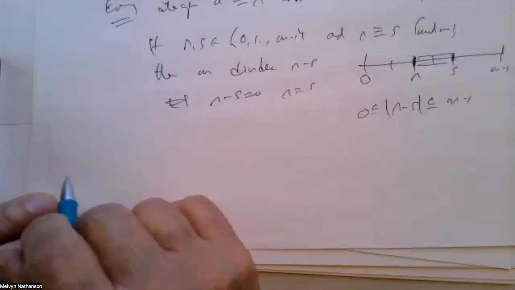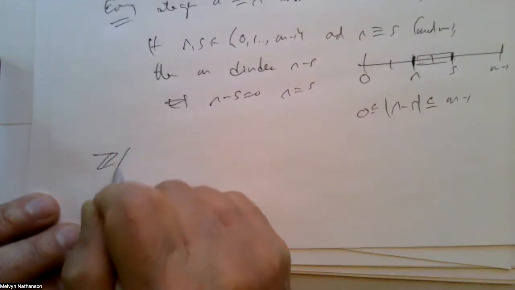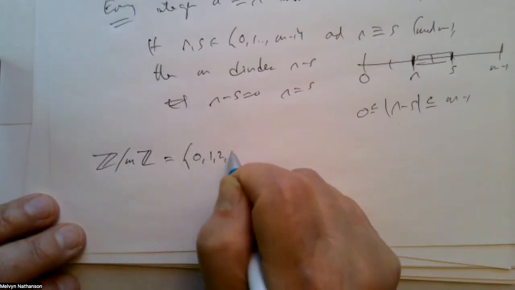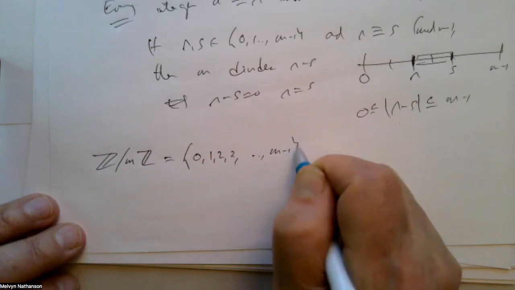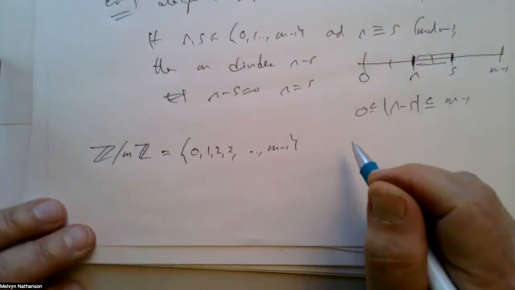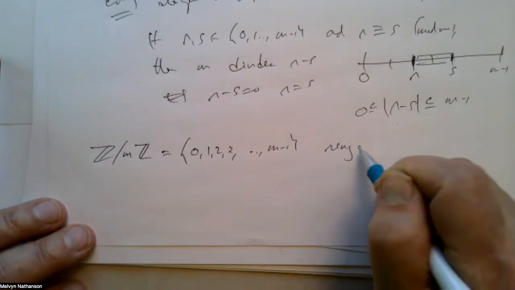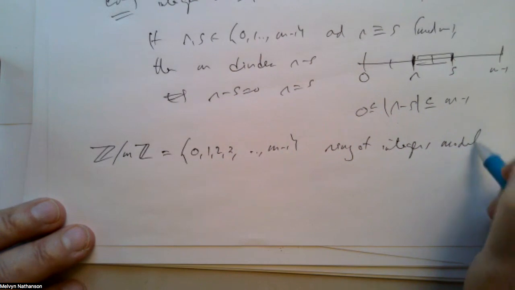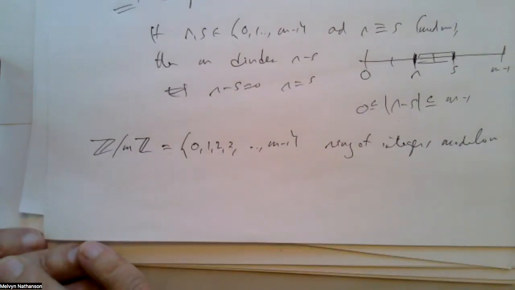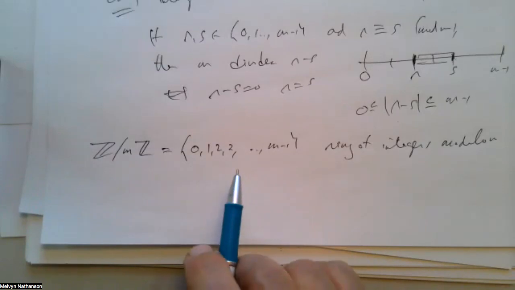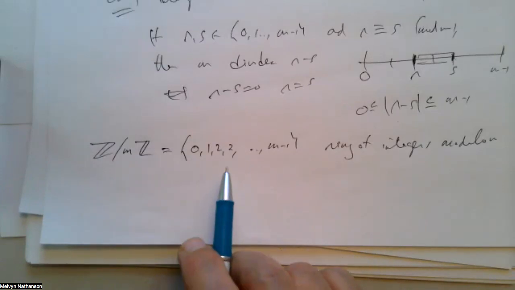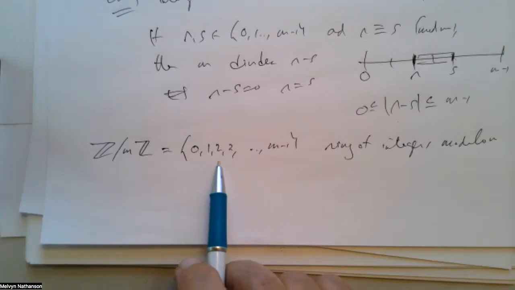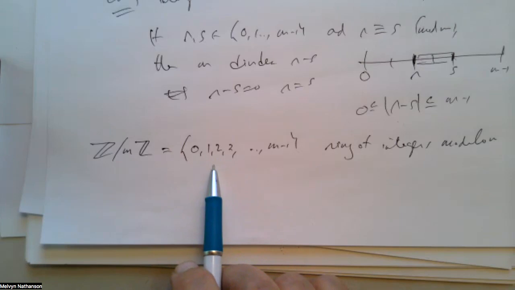So we define this set Z mod mZ. And we're just going to use the same integers, 0, 1, 2, 3, up to m minus 1. And we call this the ring of integers modulo m. So every integer is congruent to one of these and to a unique one of these. And we can define addition and multiplication of these numbers modulo m.